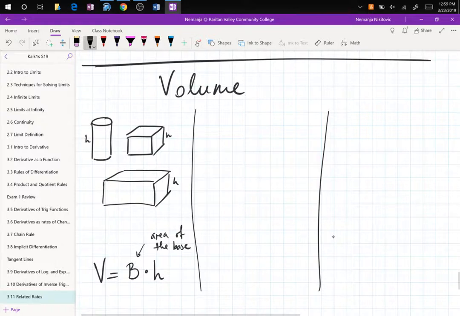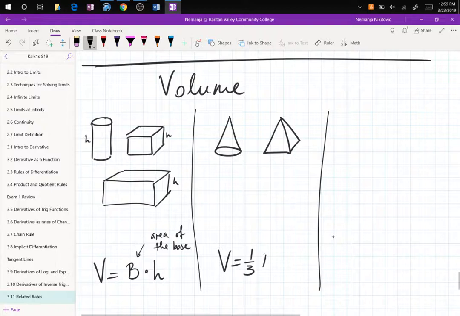So all of these objects that are like this, the second group I call spiky. That's where your cone goes and your pyramids. So if you have a cone or you have a pyramid, the volume is 1/3 base times height.